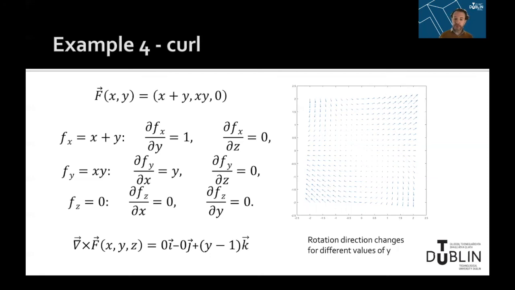If y is plus 2, we should have an anti-clockwise rotation. But as y changes, you change between clockwise and anti-clockwise. Also, the magnitude changes as well. The further you are in the y direction, the larger the magnitude of the rotation, the faster the rotation.